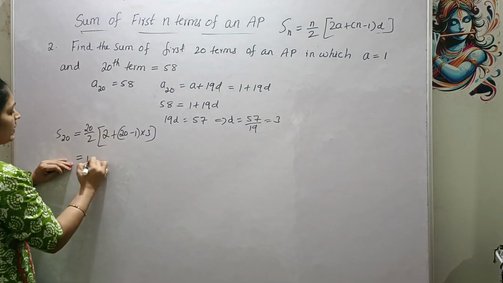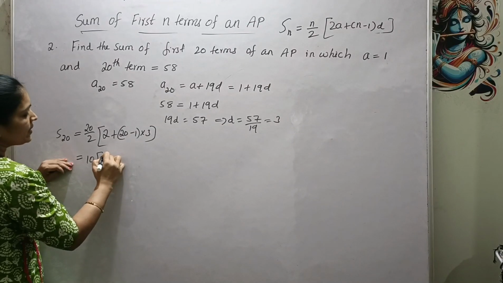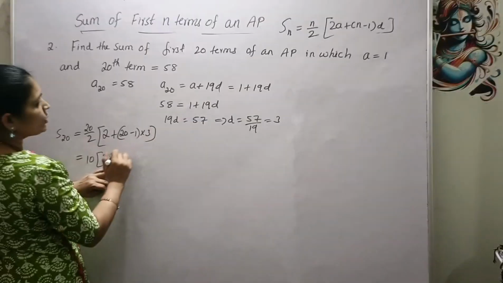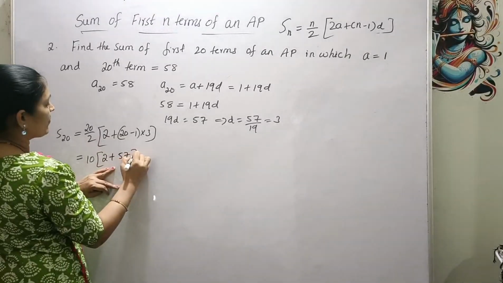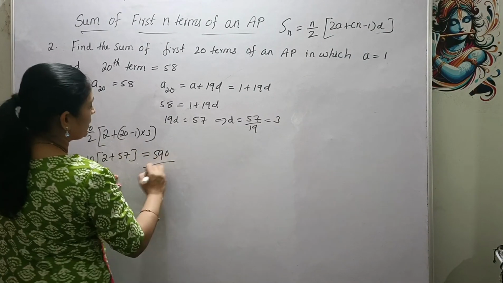That is equal to 10 into 2 plus, here 19 into 3, that is 2 plus 19 into 3 is 57, that is equal to 59 into 10, 590.